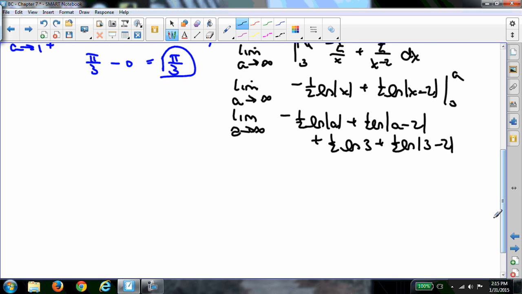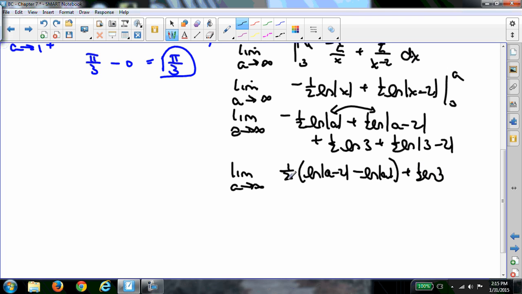Now, if you notice as a approaches infinity, I have here pretty much an infinity minus infinity situation. So I need to rewrite that. And we're going to use our log properties. So limit as a approaches infinity of 1/2 natural log of a minus 2 minus ln of a plus 1/2 ln of 3.